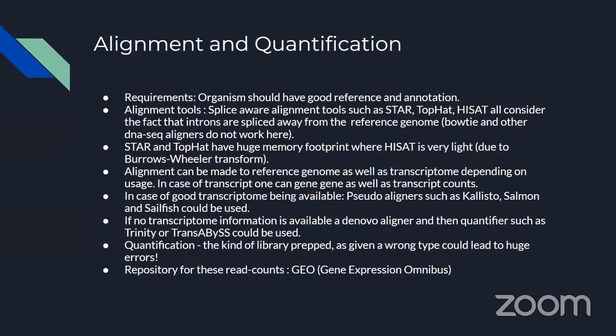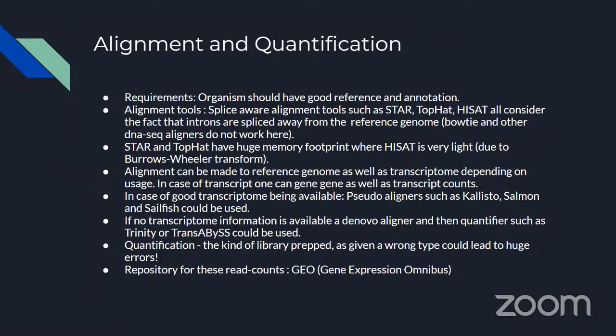And HiSat is one of the aligners where you can use a very small amount of RAM, for example, 4 GB. They use a BWT algorithm, the Burrows-Wheeler transform, to create a complete index of the entire genome, as well as small indexes.